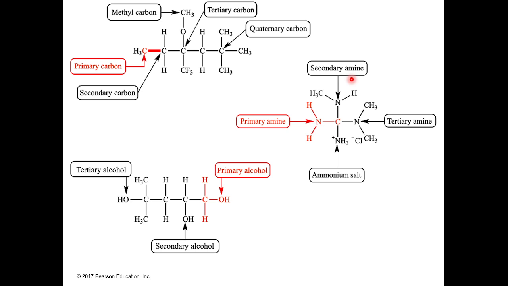By the way, how many bonds does a nitrogen want? Typically 3, right? And so that means that however many carbons are attached to it, that's going to reduce the number of hydrogens. Okay, this right there is then a tertiary amine. We have 3 carbons attached to it. That means we can have 0 hydrogens, right?